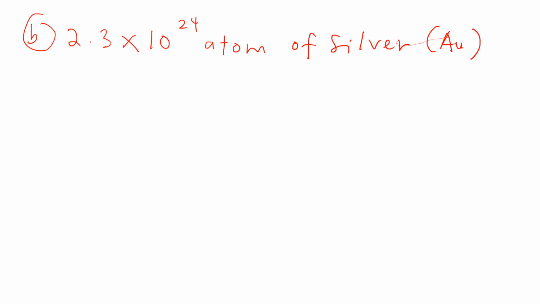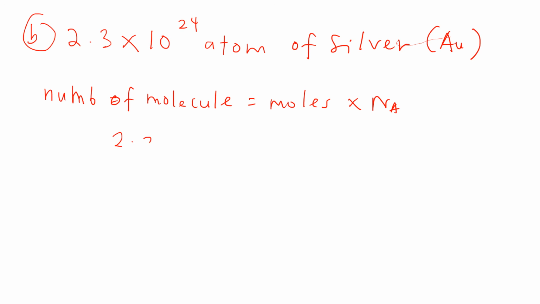Okay, so from the formula, you can get the moles. Okay, so number of molecules equals moles times Avogadro number. So here we have atoms, so you divide the 2.3 times 10 to the power of 24 with the Avogadro's number 6.02 times 10 to the power of 23 to get the moles.